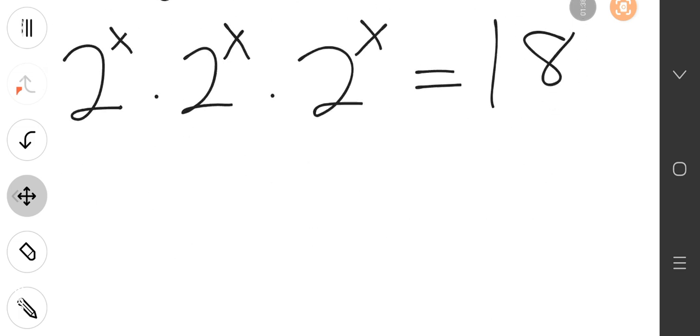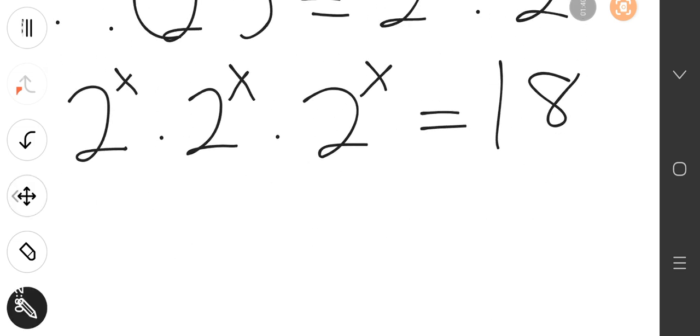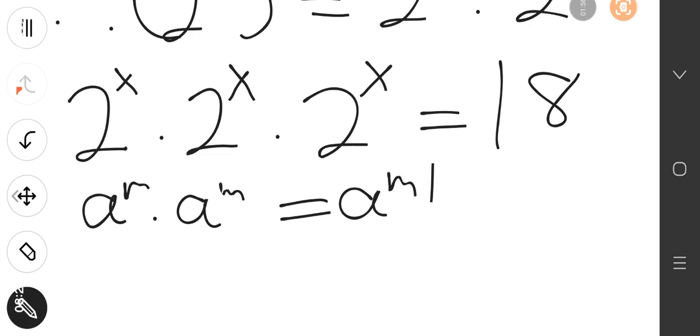So let's proceed. Now, here we are going to introduce the addition law of indices. So if you have a exponent m times a exponent m, you're supposed to have a exponent m plus m, which equals a exponent 2m.